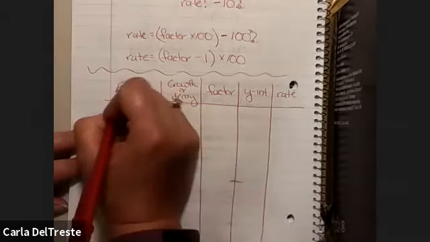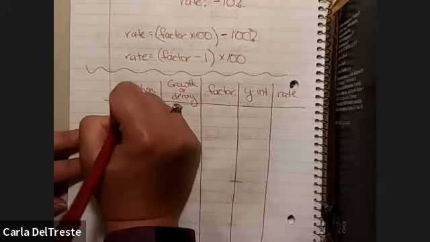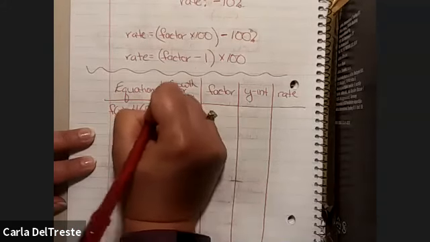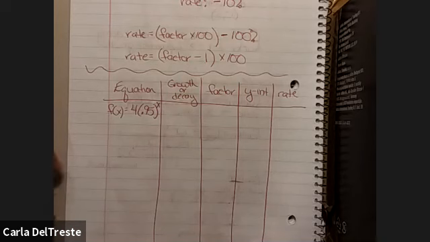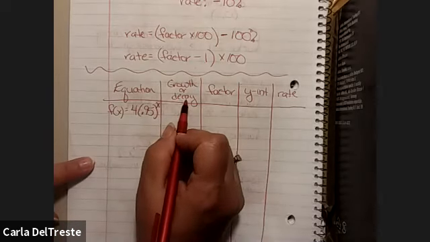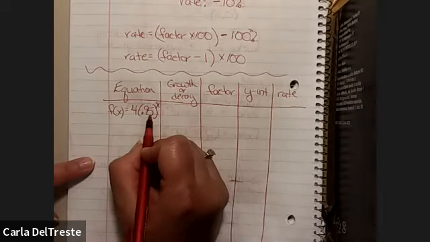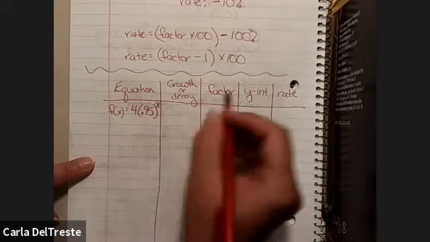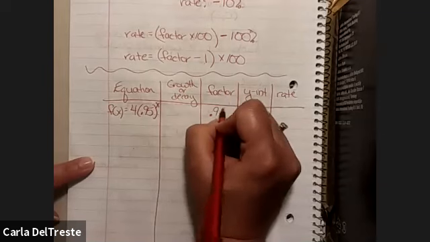Okay, can we figure out that percent of growth or decay? So let's do f of x equals 4 times 0.95 to the x. Is this growth or decay? Remember, that's determined by the size of the factor. The factor is 0.95, so we could actually answer that first.